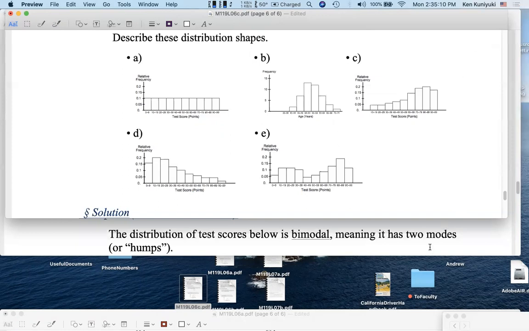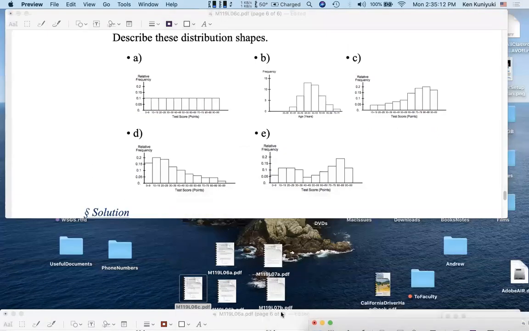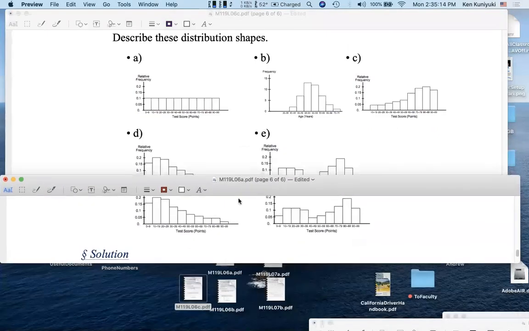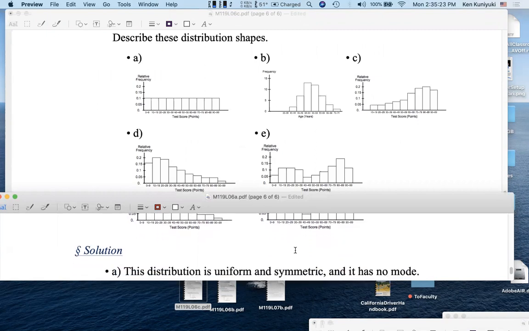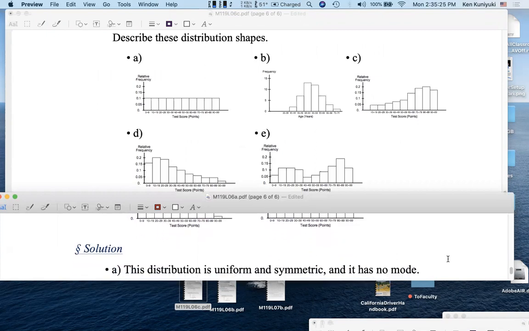All right, so let's talk about A. How would you describe A? A is a perfectly uniform distribution, which means it's symmetric and it has no mode. Saying it's uniform implies the others. That's symmetric and it has no mode.